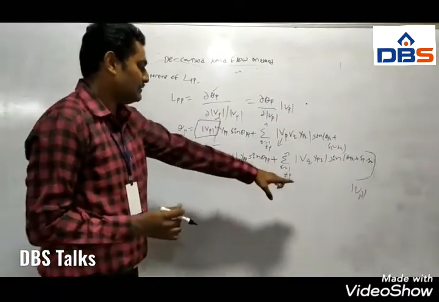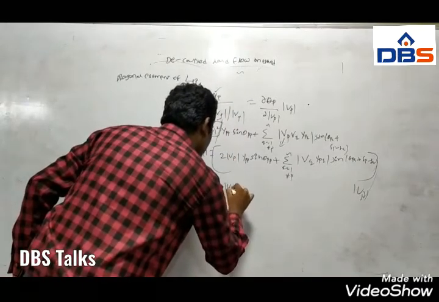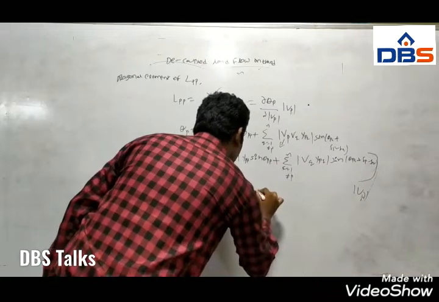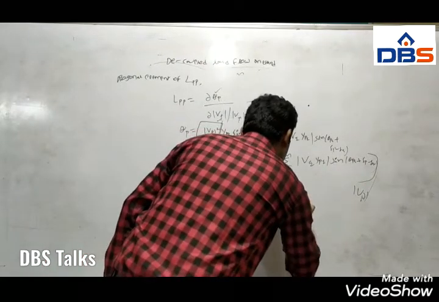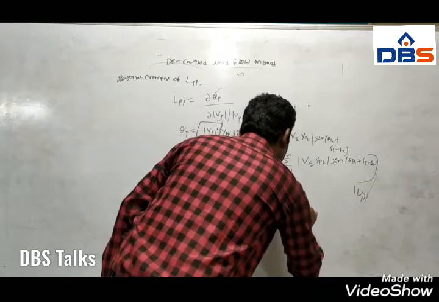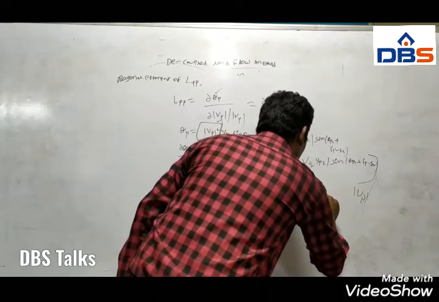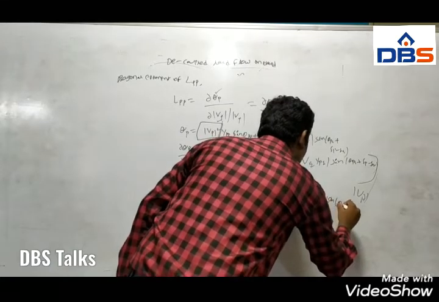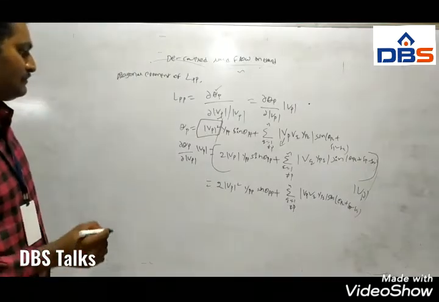Here we are multiplying Vp with respect to Vp. So that means 2|Vp|² Ypp sin θpp plus sigma q = 1 to n, not equal to p, of Vp Vq Ypq sin(θpq + δp − δq).